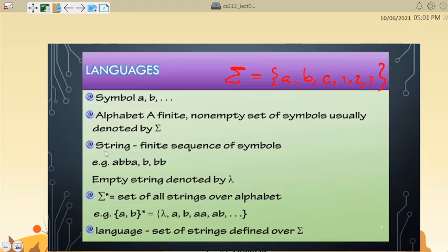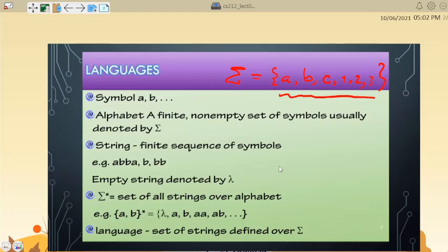So a string is a finite sequence of symbols in our alphabet. For example, if our alphabet has A, B, C, 1, 2, 3, then the strings in our language can be generated from the sigma.